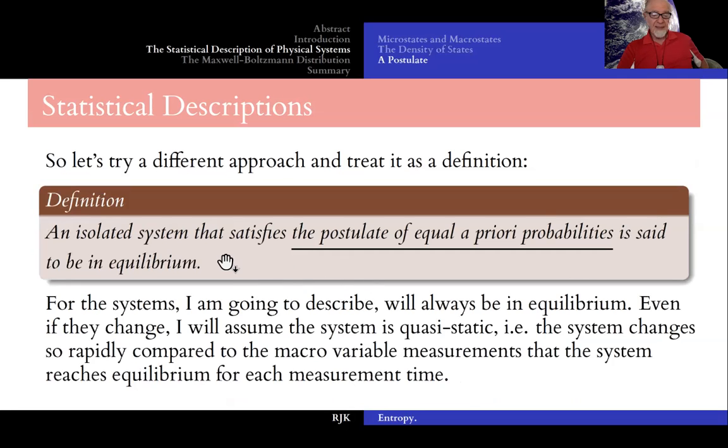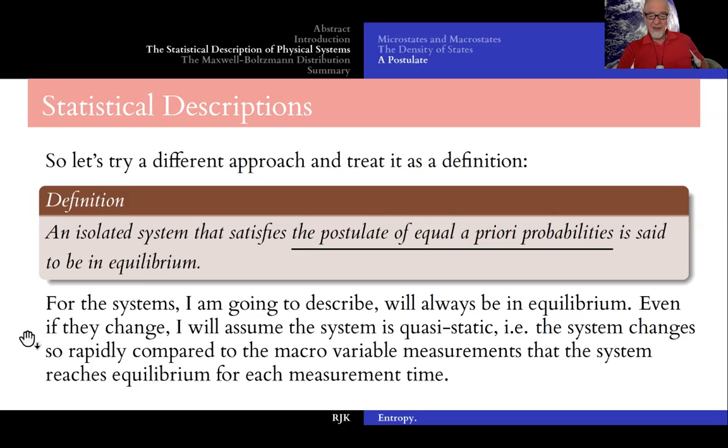An isolated system that satisfies the postulate of equal a priori probabilities is said to be in equilibrium. So we're either doing another definition for the postulate, or we're defining what equilibrium means.